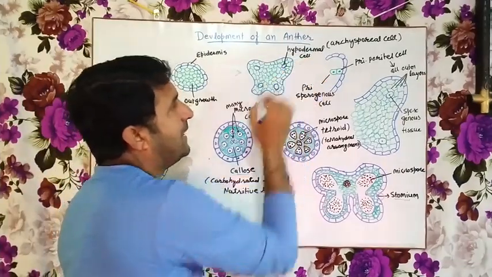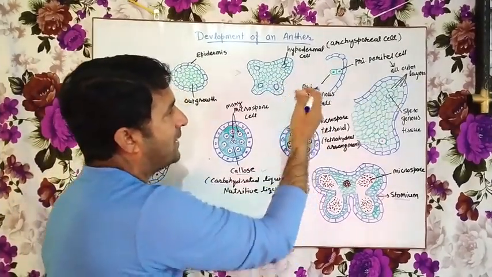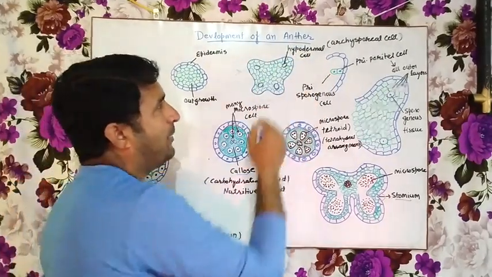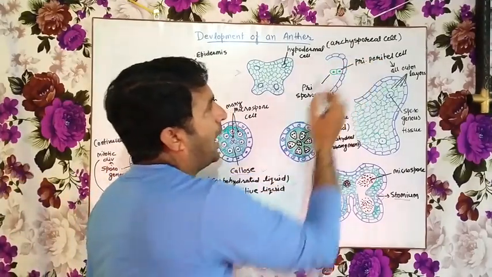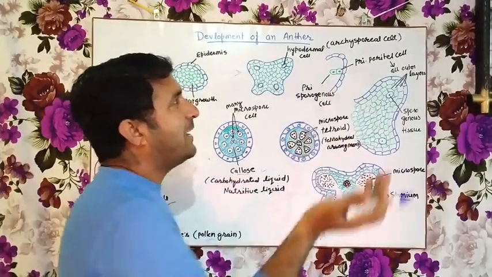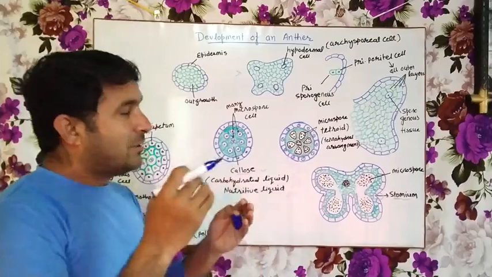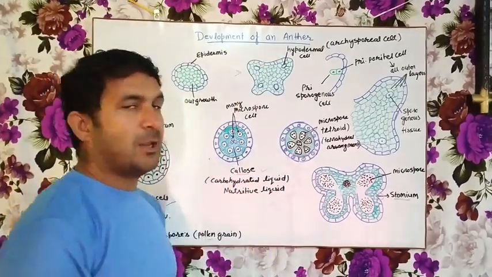These are called the hypodermal cells. The epidermis is the outermost, and inside it you can see the hypodermal cells. These hypodermal cells develop and become the archesporial cells. You can say the hypodermal cell is also called the archesporial cell. The archesporial cell is the mature stage of the hypodermal cell.